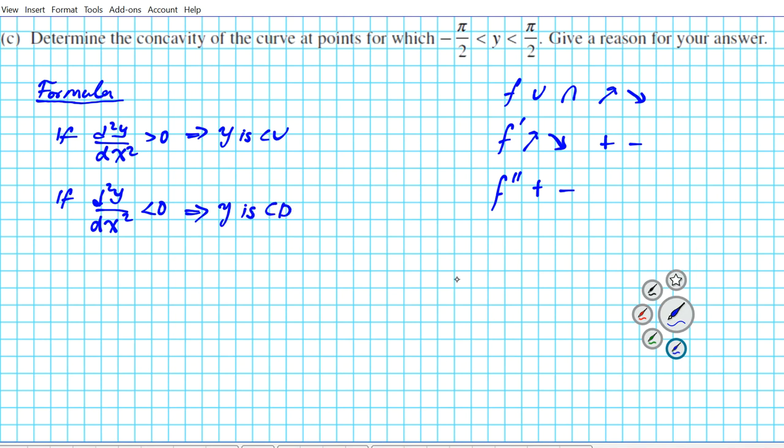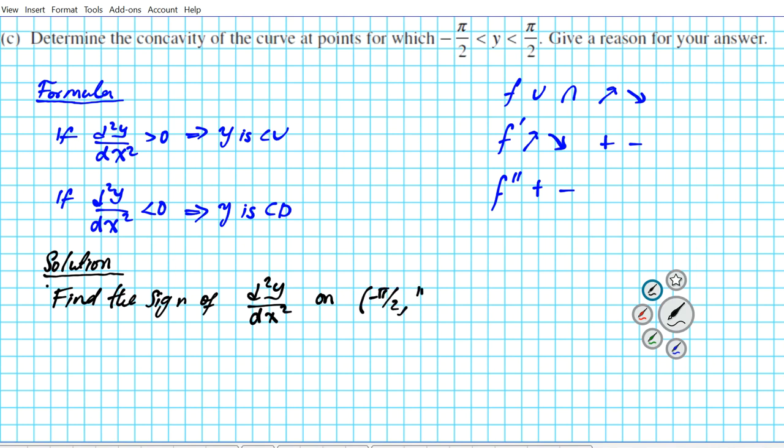So we're basically looking for the sign of the second derivative to solve this problem. Alrighty, so let's go ahead and do it. So what are we doing here? We want to find the sign of d square y dx square, the second derivative, on that interval from negative pi over 2 all the way to pi over 2, and that will tell us the concavity.